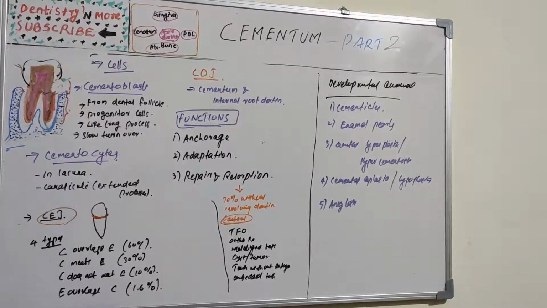Cemental aplasia or hypoplasia. Hypoplasia means normal function is not happening. So in hypophosphatasia, there is an absence or paucity of cellular cementum. Hypophosphatasia is due to an inborn error of metabolism. The basic disorder is a deficiency of the enzyme alkaline phosphatase. Due to that, there is no proper cellular cementum, or an absence or paucity of it.